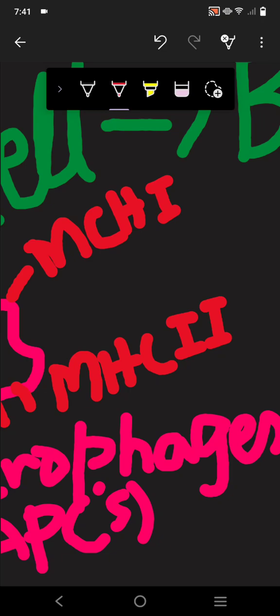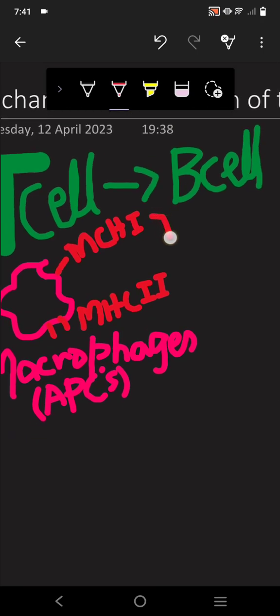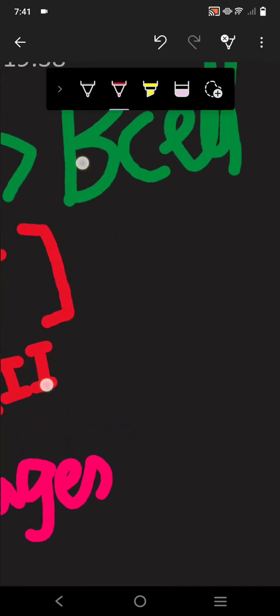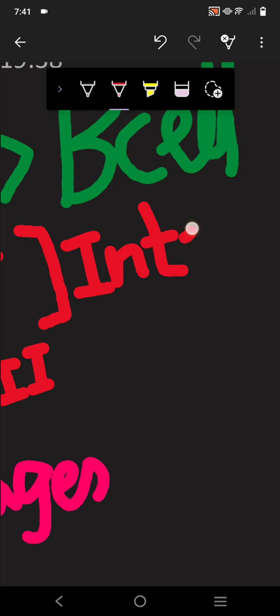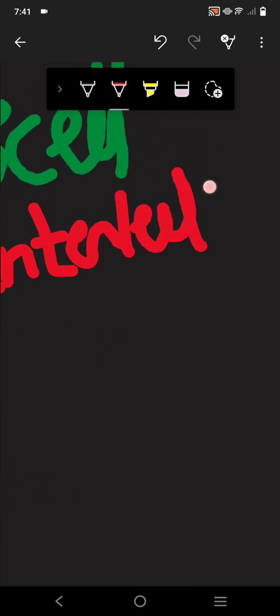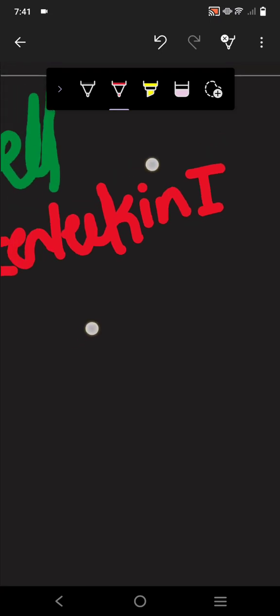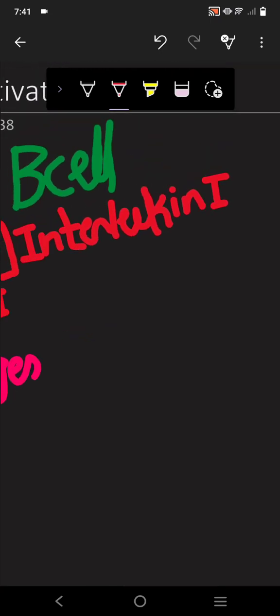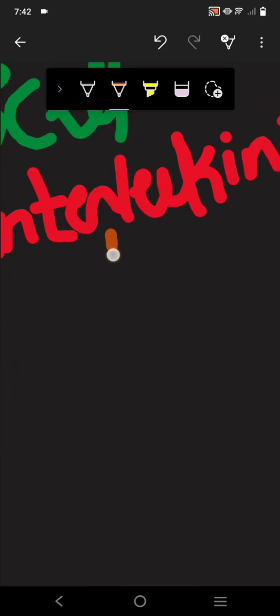Okay, so when the MHC1 and MHC2 are attached to the macrophage, what will the macrophage do? It will release a chemical known as interleukin 1. After the release of interleukin 1, its purpose is to stimulate the T helper cell.